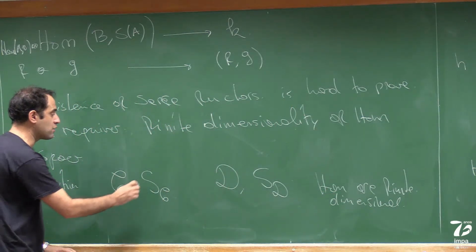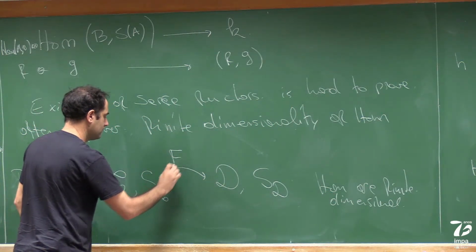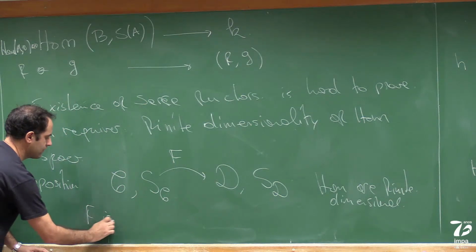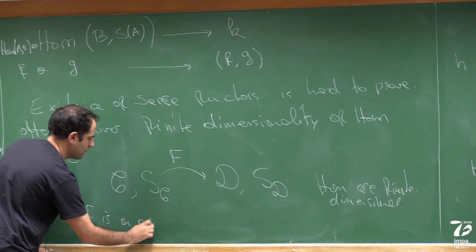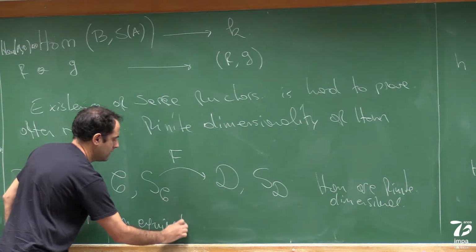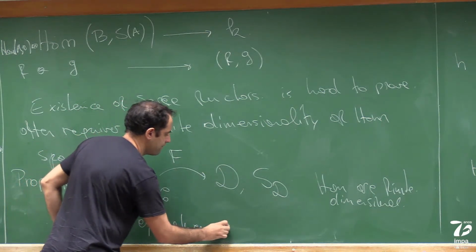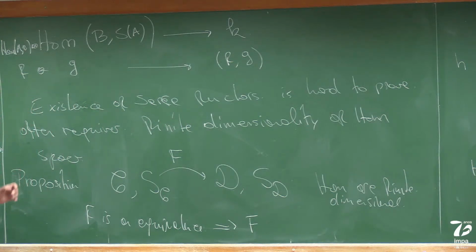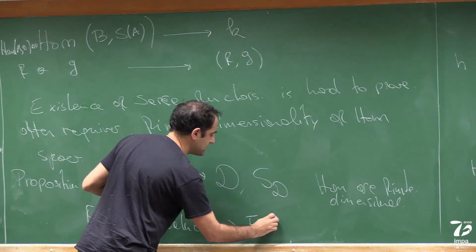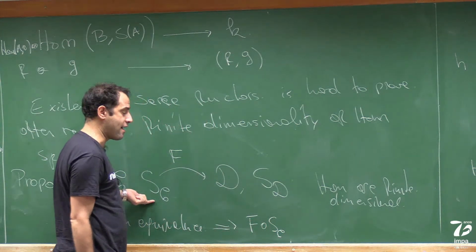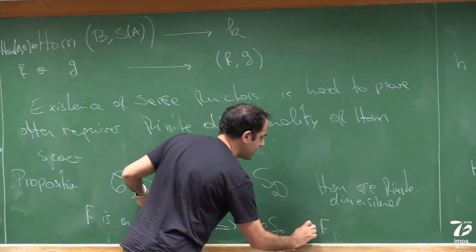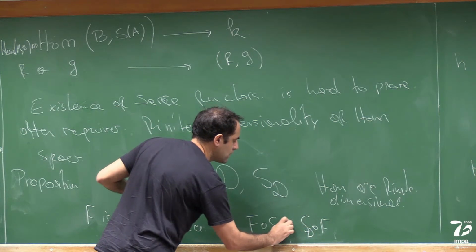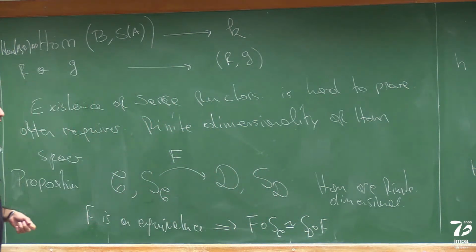And let's suppose that you have an equivalence F. Then, well, you can apply S_C first, and then apply F, or you can apply F and then apply S_D, and these two guys are isomorphic as functors from C to D.